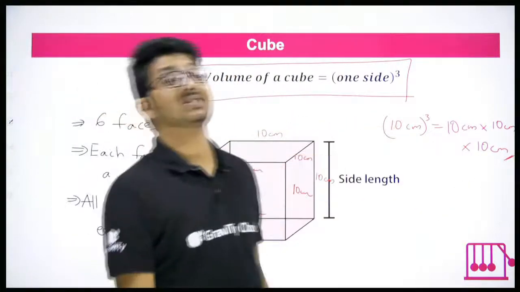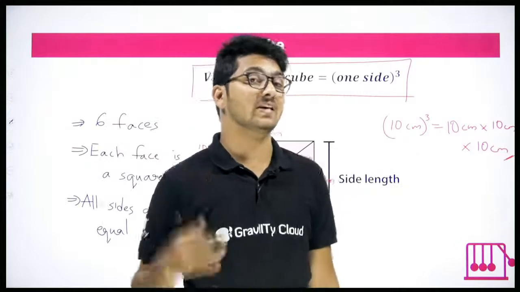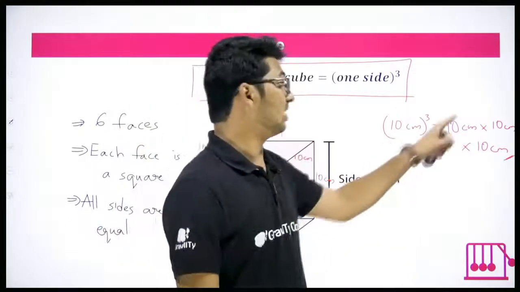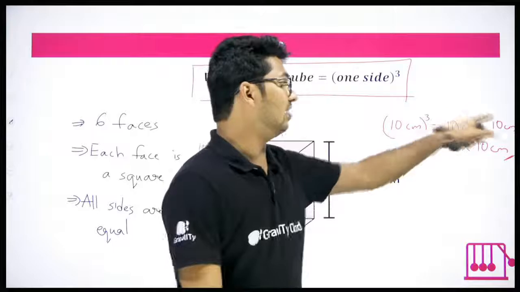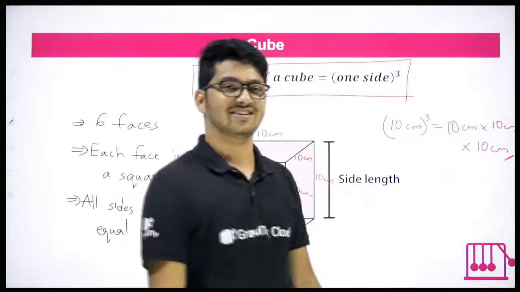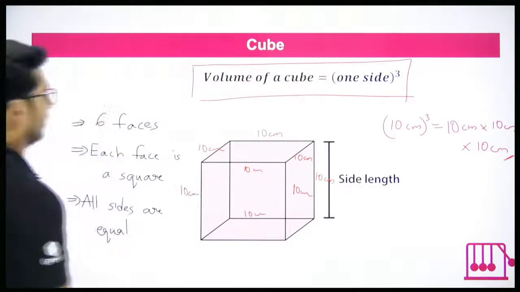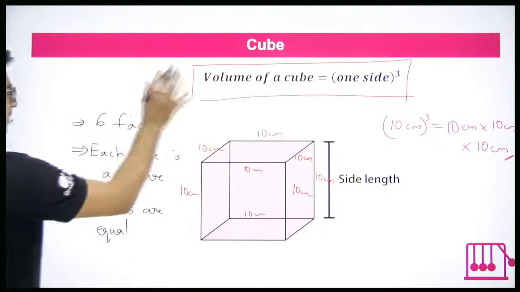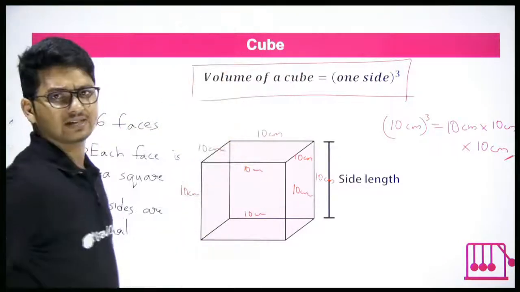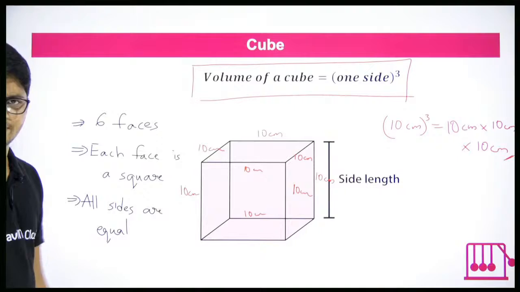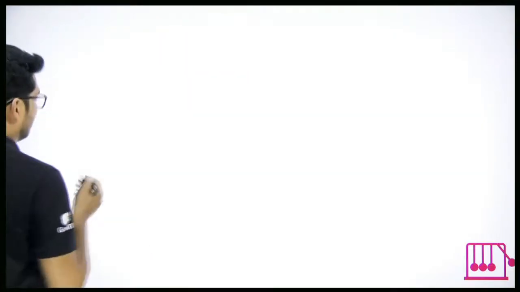Here the power is 3. We discussed it. It means that it has to come 3 times. 10 into 10 into 10. Understood? Okay. Simple formula. Remember this. Volume of a cube is equal to one side, then cube. Okay? Good.